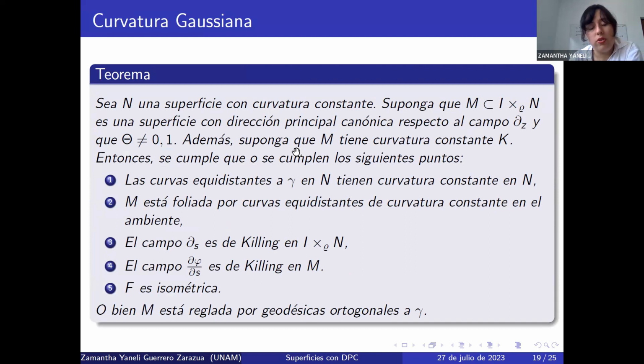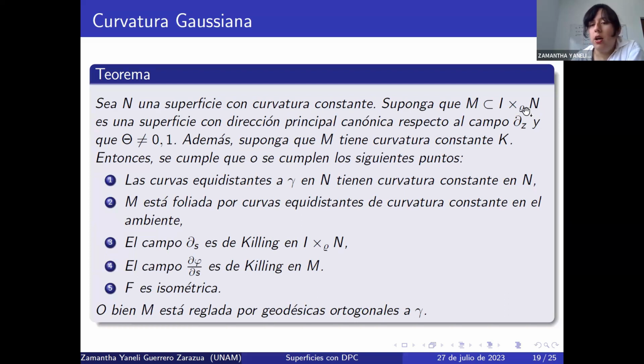We talked about mean curvature. Now let's see what happens with Gaussian curvature. So we're taking M in the warped product, but in this case, we're going to need N to have constant curvature.